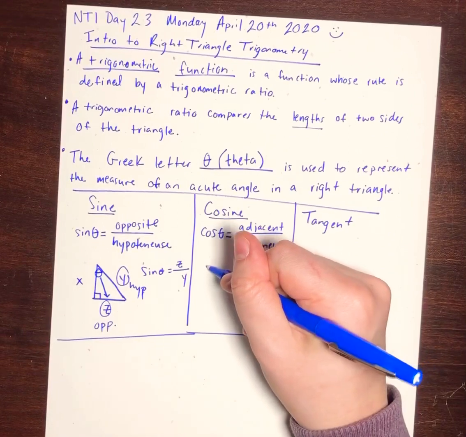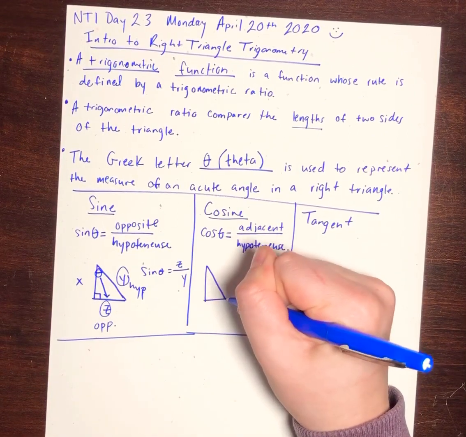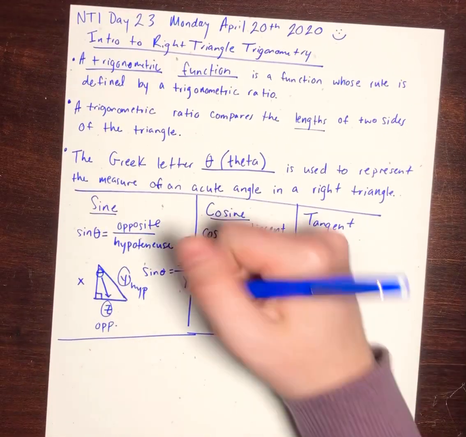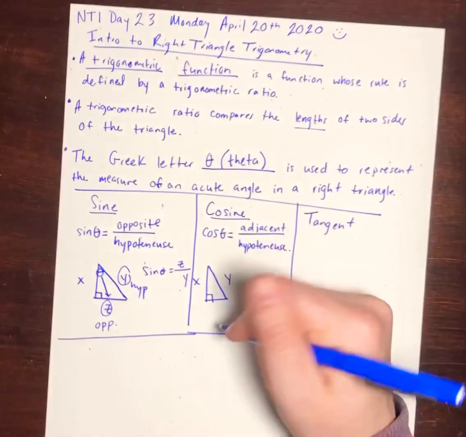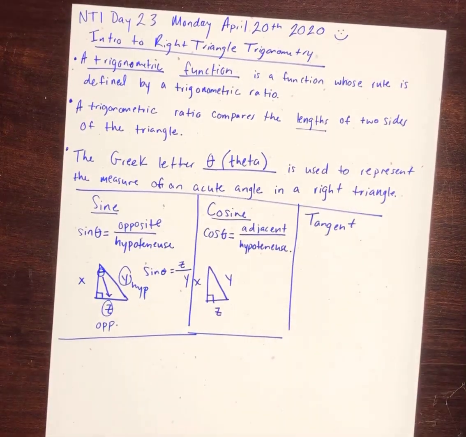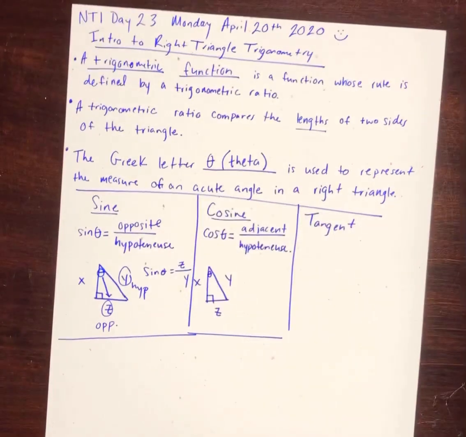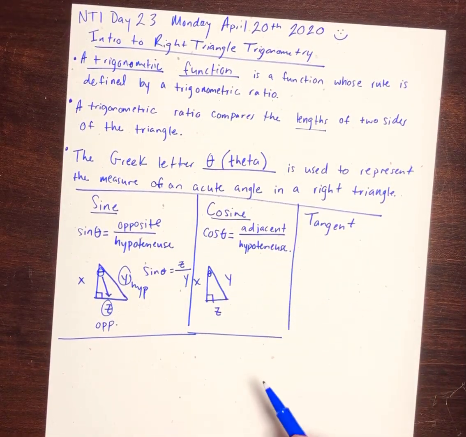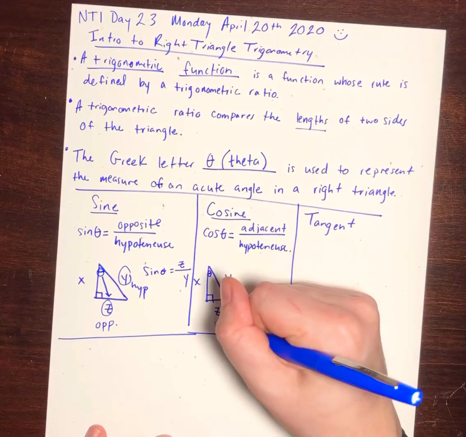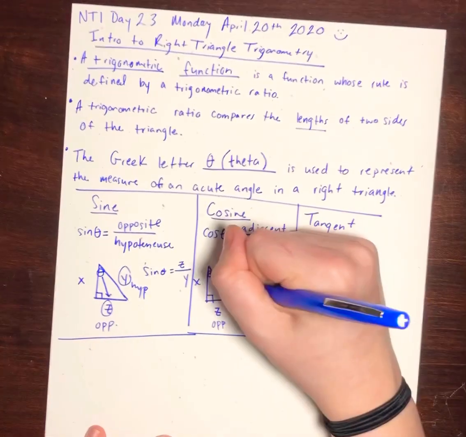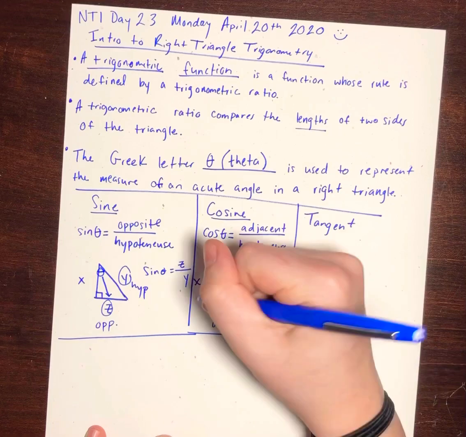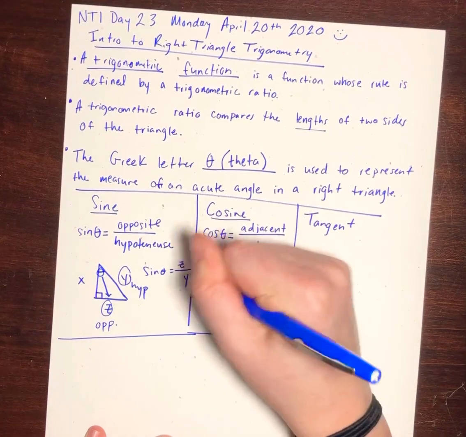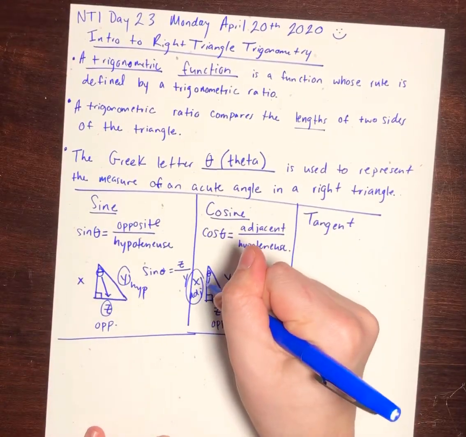So if we had that same triangle, and I know it doesn't look the same, but that's just because I'm a bad triangle drawer. X, Y, and Z in the same spot, theta in the same spot. Adjacent is the side that's right next to the angle. So where Z is the opposite and Y is the hypotenuse, the adjacent is X because it's right next to the angle.